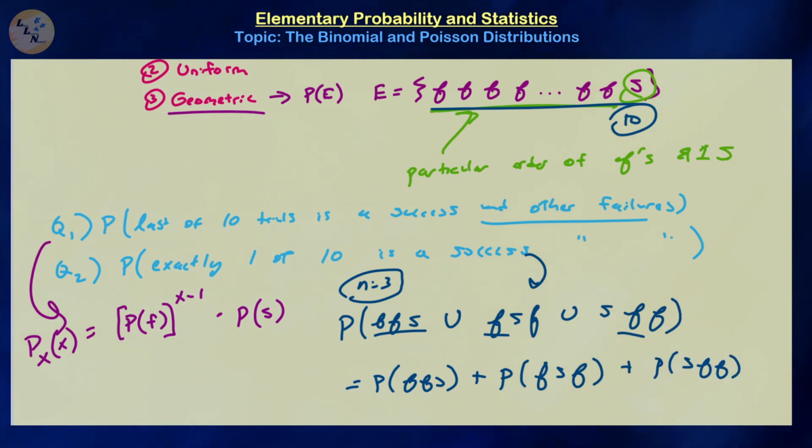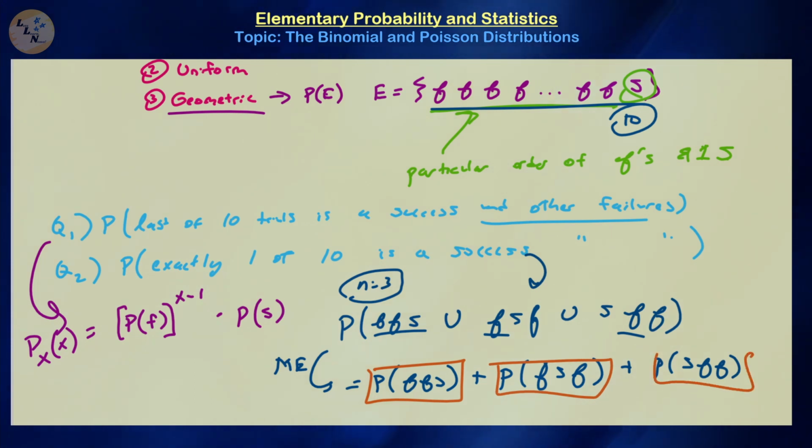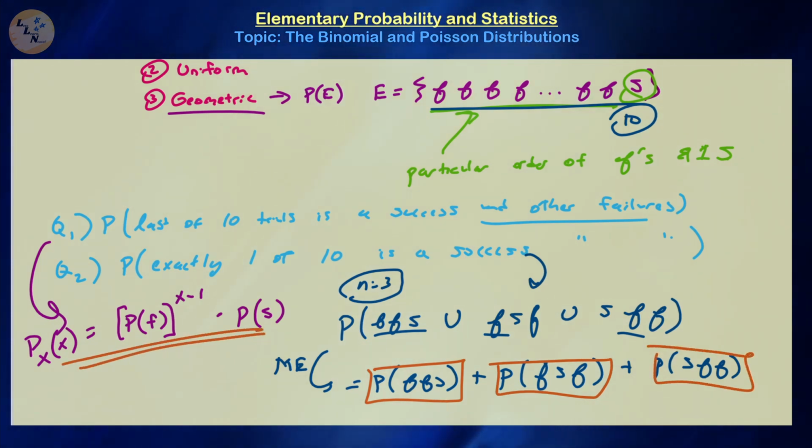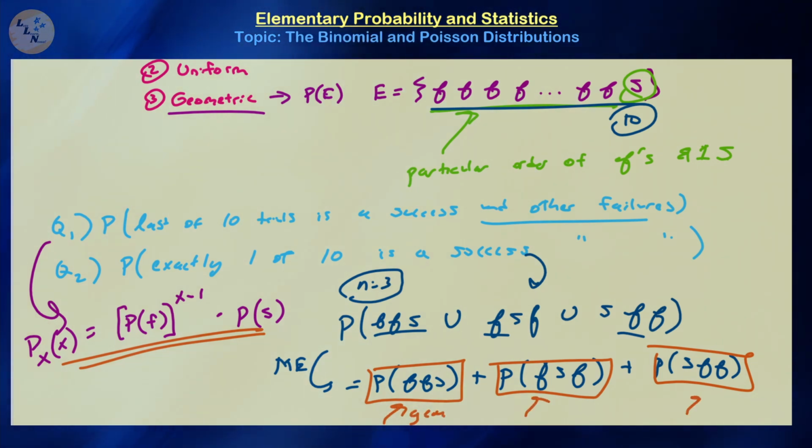Each of these events is exactly the type of event the first problem was solving, equivalent to geometric distributions, at least in its functional representation.